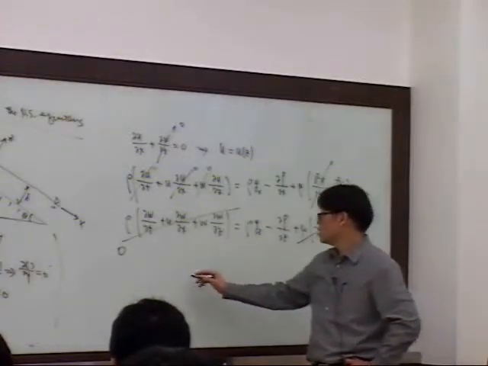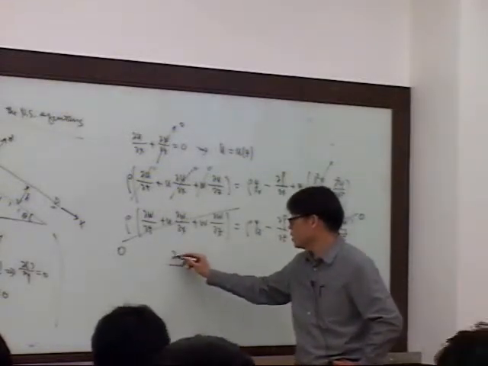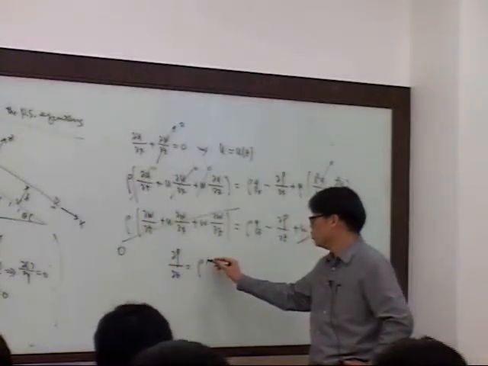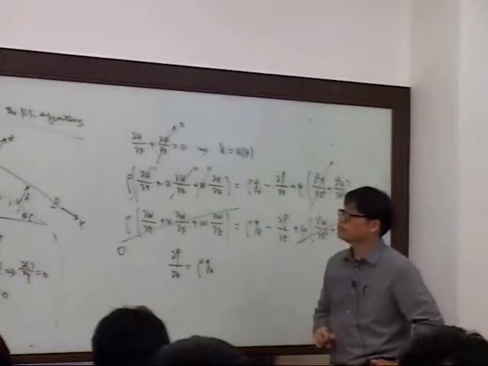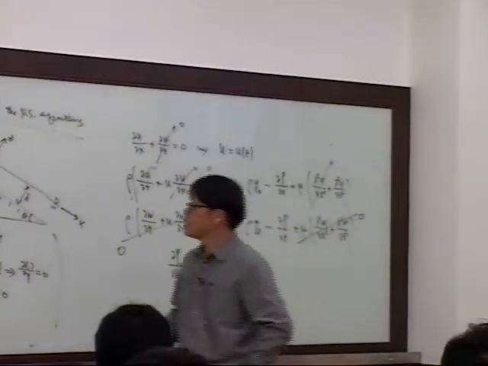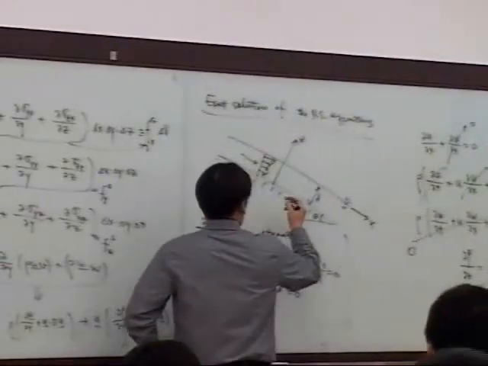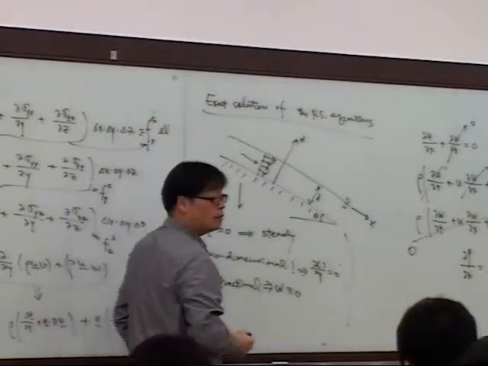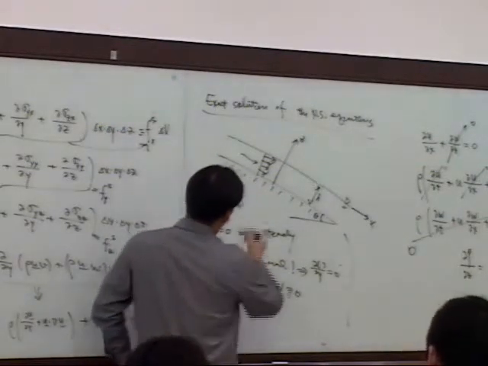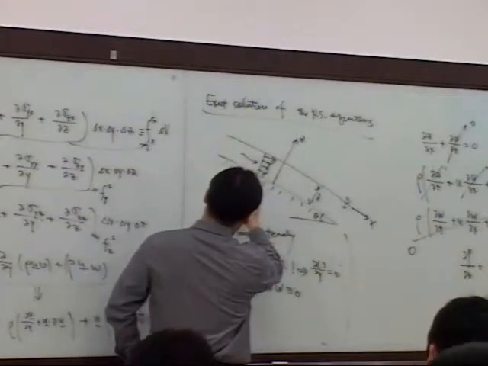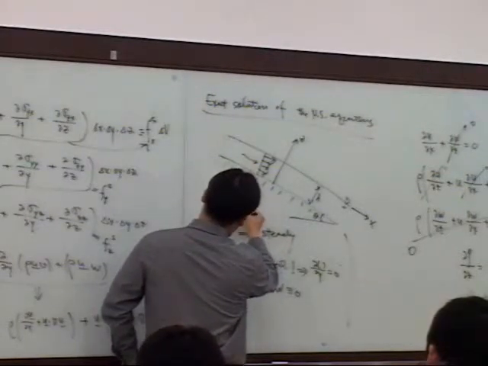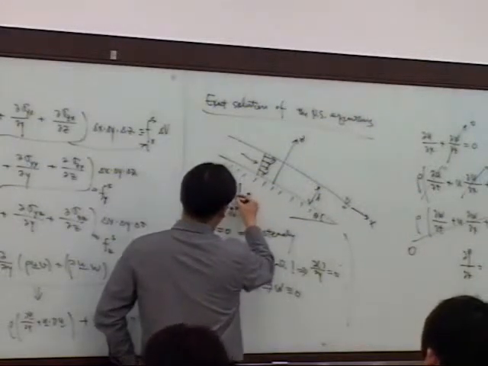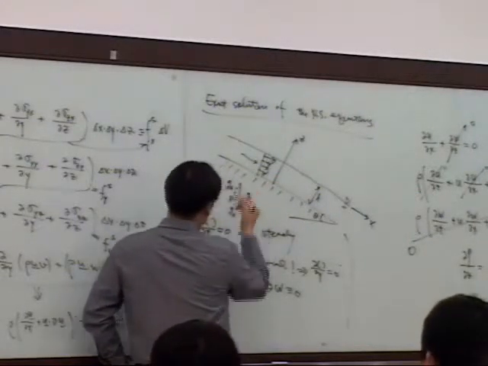So my dp dz is equal to rho g z component. So gravity is acting downward. So there is a two component. So this is G, and this is Gx, and this is Gz.